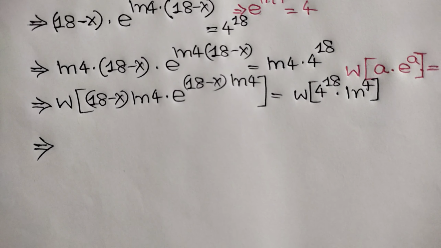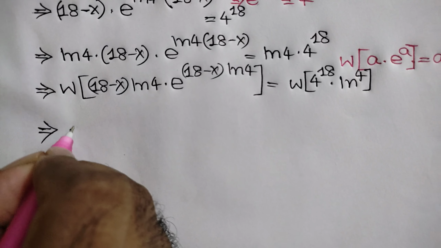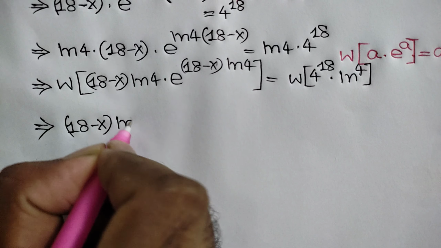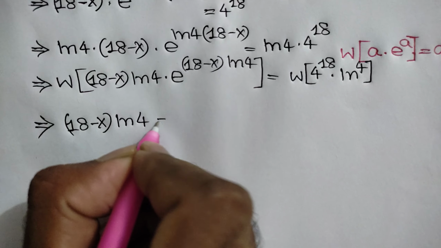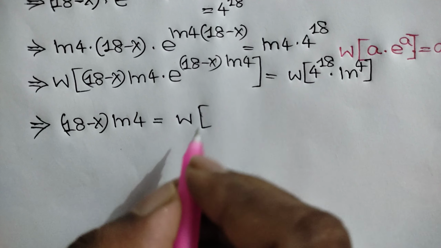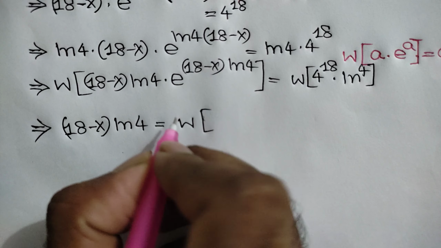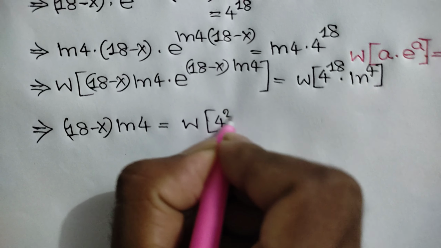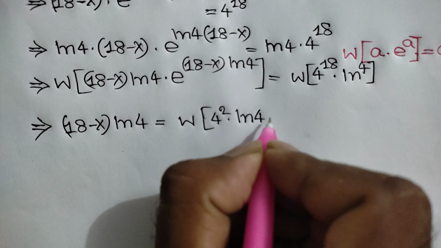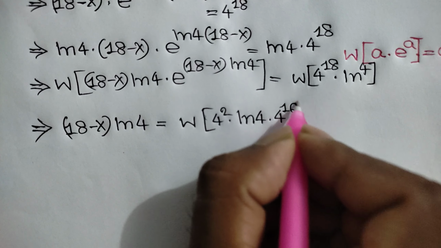Now apply this formula, we will get 18 minus x times ln of 4 is equal to W of, now this 4 to the power 18 can be written as 4 square times 4 to the power 16.